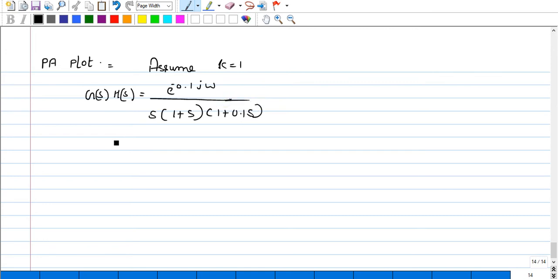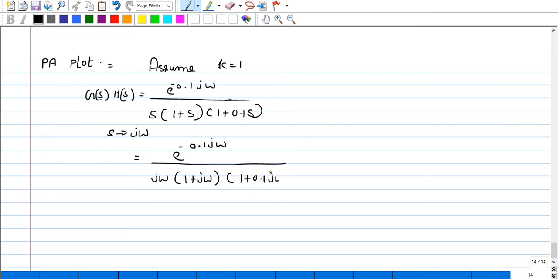Let us substitute s as j omega. So e raised to minus 0.1 j omega, whole divided by j omega into 1 plus j omega into 1 plus 0.1 j omega.